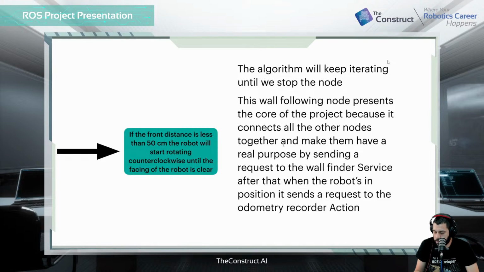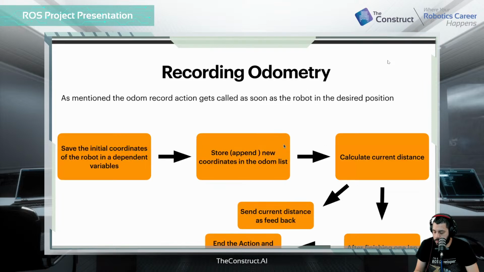And as mentioned here, the wall following node presents the core of the project because it makes the other nodes have a real purpose. You get me? It connects everything together. Eventually, for recording odometry, we're going to send the recording odometry request once we are in the right position also.